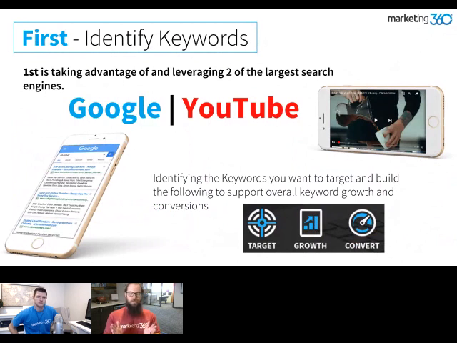So really, the first thing you want to do is take advantage of the 2 largest marketplaces out there from a search engine standpoint, and that's going to be Google and YouTube. It's a great opportunity to utilize the strategy to identify which keywords are working best and which ones you can utilize across the board and get the best results from, so that you can support your efforts across the different channels. That's really what we're looking for: how can we support these channels with information that we learn from other ones, right?